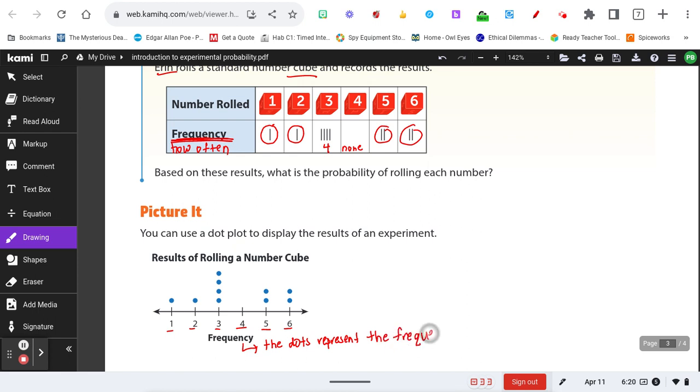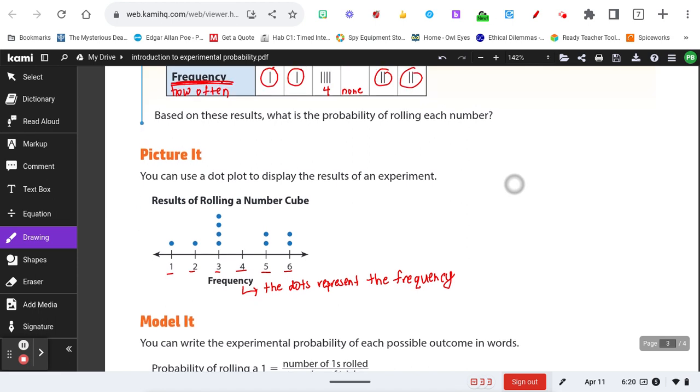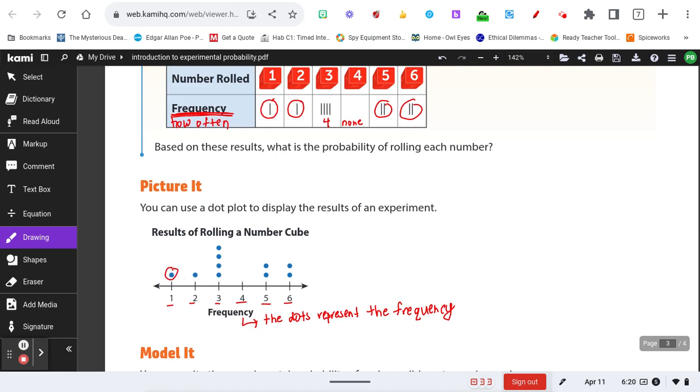I don't want you to see a dot plot and not know what it means. So the number 1 happened once, the number 2 once, the number 3 four times, the number 4 not at all, the number 5 twice, the number 6 twice. That's how you read a dot plot. But it doesn't matter whether it's tally marks or a dot plot or just a table. You do it the same way.